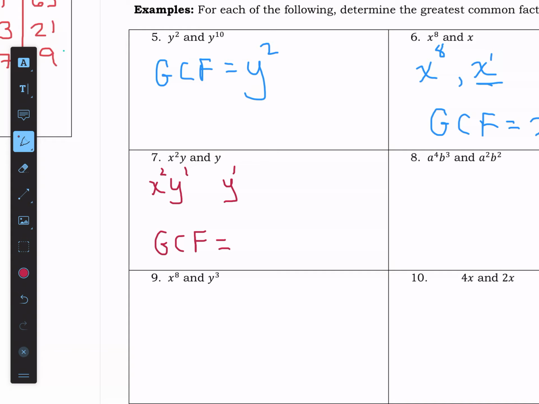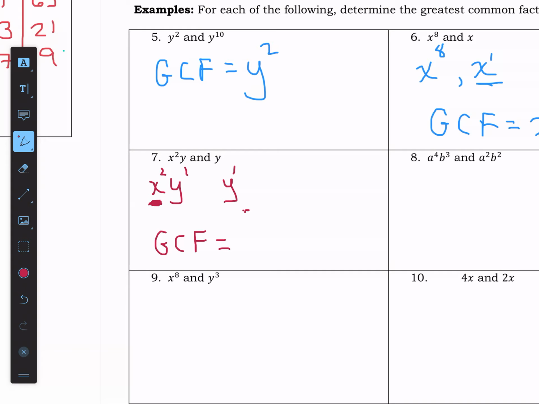So if we look at the x squared first, you'll notice that we don't have anything in the second guy that has an x. We don't have any other x's. So a common factor cannot be x. So if the variable is only in one of the terms, then it's not part of the GCF. So don't worry about the x, okay?